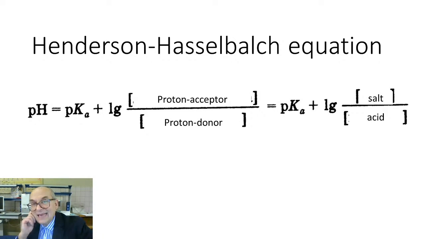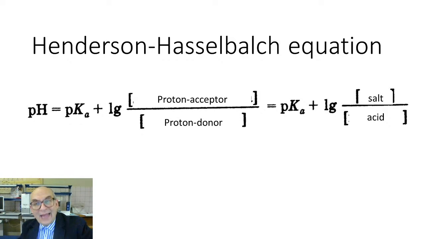The amount of buffer base is larger than the amount of buffer acid by 2 times. What is the result of this? Any base, in my example it is sodium acetate, raises the pH. Any acid, and buffer acid just the same, decreases the pH.